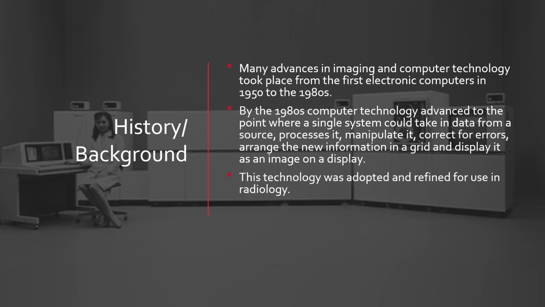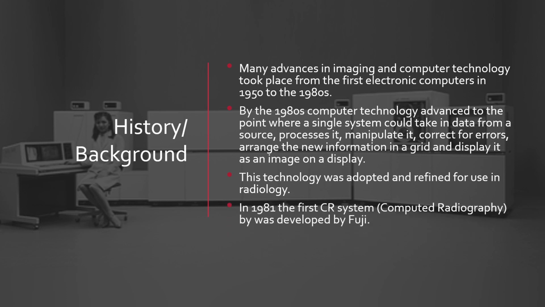This technology was adopted and refined for use in radiology, and so by 1981, the first CR system was developed by Fuji and was available for purchase and install in departments.